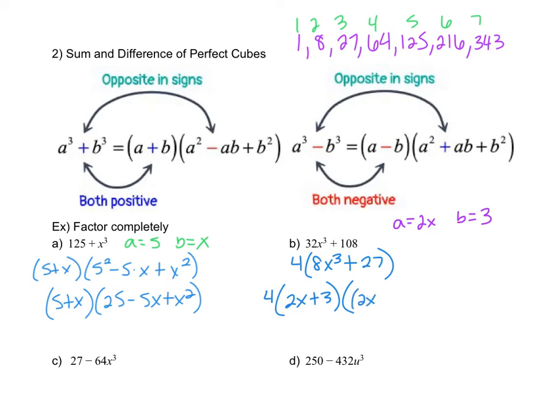Now I'm going to write it like this because some people just want to slap a squared on there and they don't distribute it to both of them. But do what you're going to do. But I would highly suggest doing it like this. And we have a minus sign. Our a term, 2x, times our b term, plus our b term, since it's only positive 3, we'll just write 3 squared.